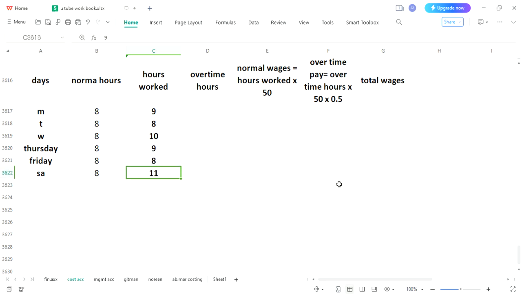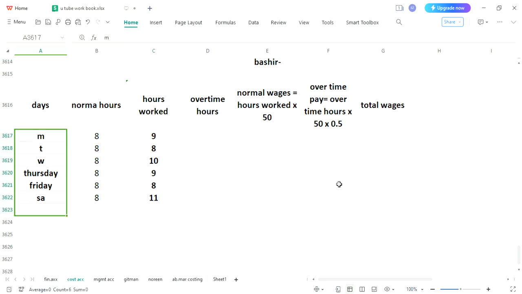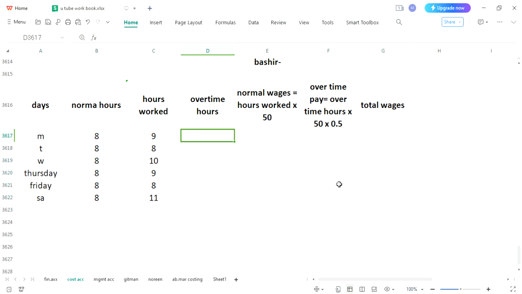So in this way you have completed the raw data, and from here you will start to calculate your overtime. Normal hours were 8, but he had worked 9 hours, it means 1 extra hour. For the second, no overtime. For the third, 8 hours were normal, he worked for 10 hours, 2 extra hours.